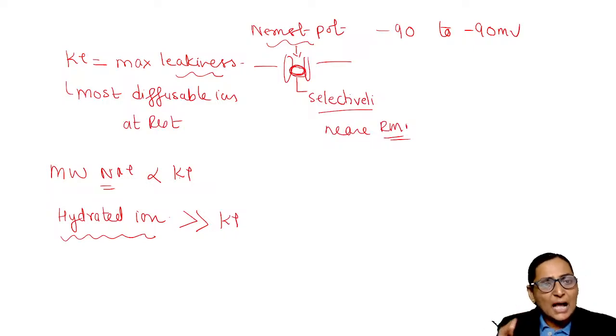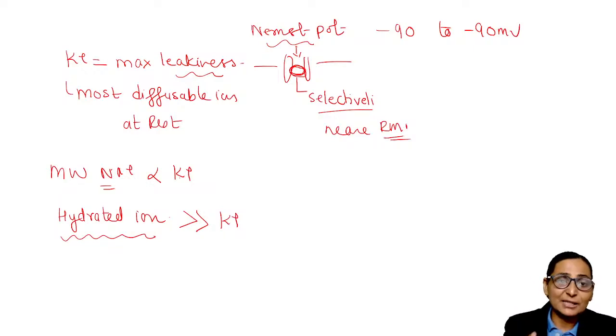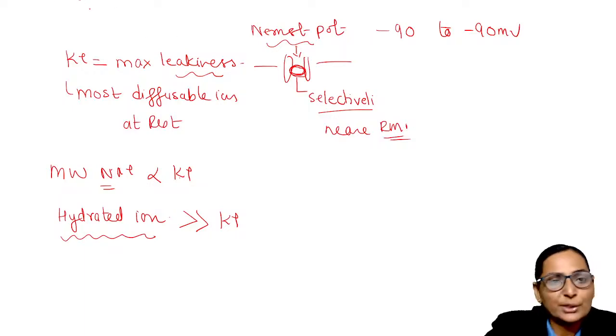But the only ion that is going to win the race is potassium, because potassium has got maximum leakiness, it is the most diffusible ion at rest, and therefore its Nernst potential is closest to that of the resting membrane potential in the majority of tissues.